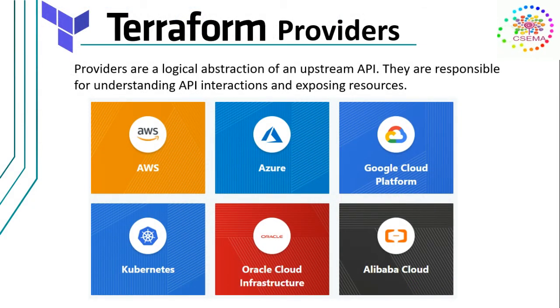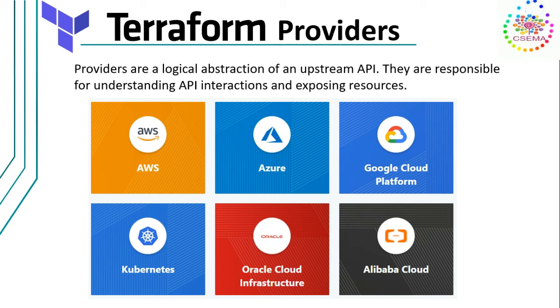Okay, next we'll take a look at the Terraform providers. Terraform providers are the plugins that implement resource types. Providers contain all the code needed to authenticate and connect to a service, typically from a public cloud, on behalf of a user.